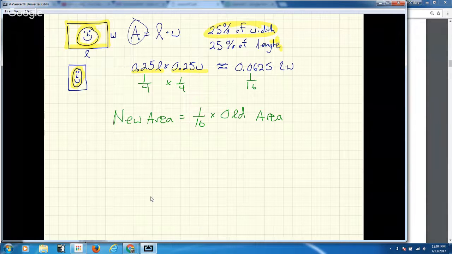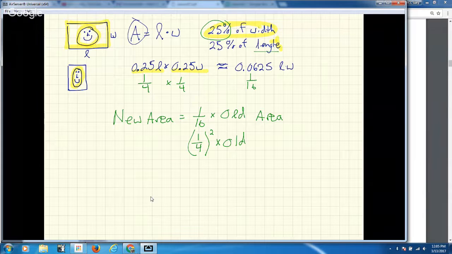So essentially what I have there is 1/4 squared times the old area. And the 1/4 came from the amount I tried to decrease my width by. And if I want to keep the length proportional, I have to do the same thing there.